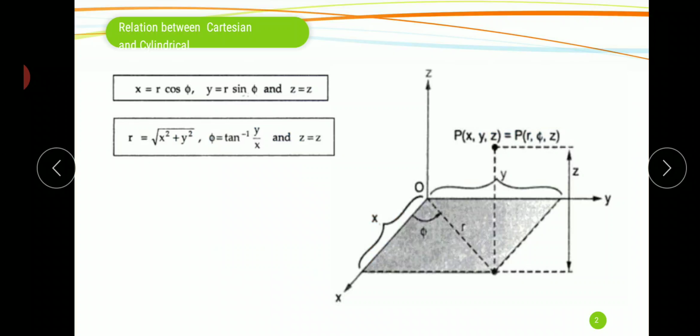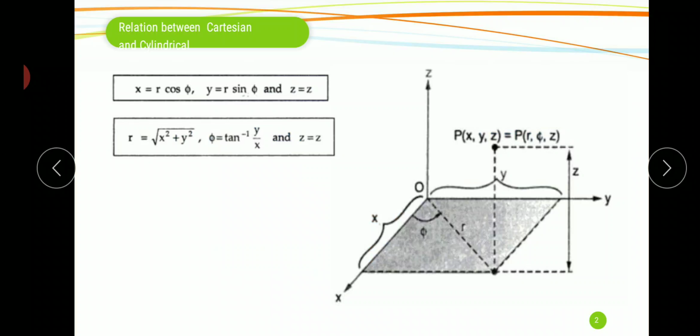And we also discussed how we find the position vector and the smallest length, that is differential length, differential surface, and differential volume formulas in the three coordinate systems.